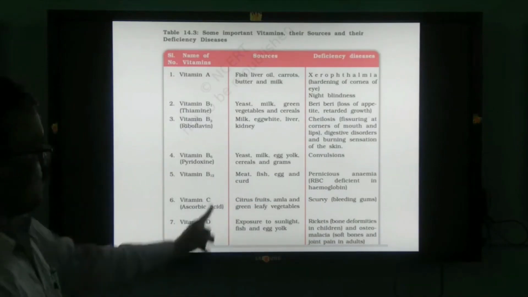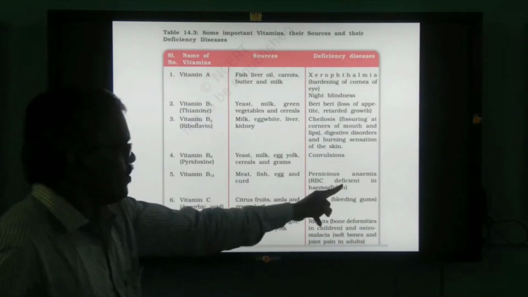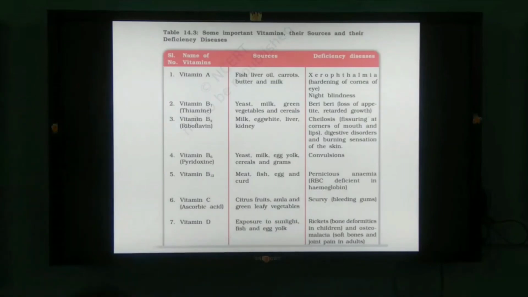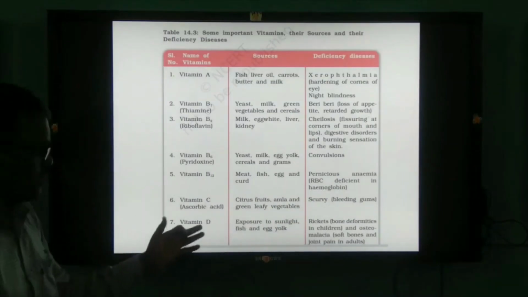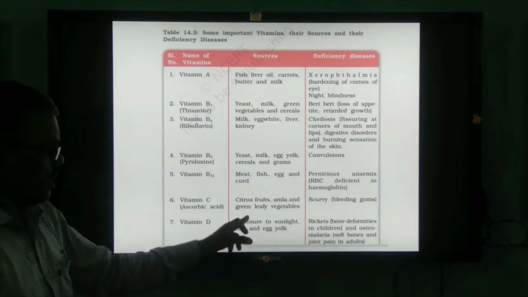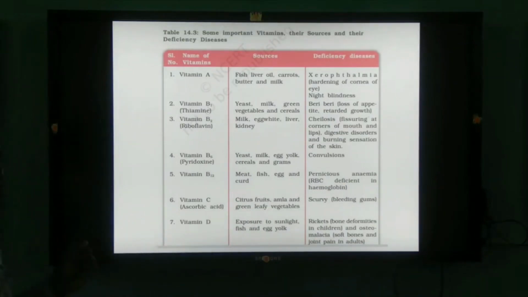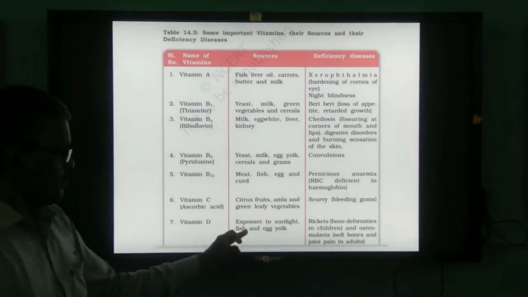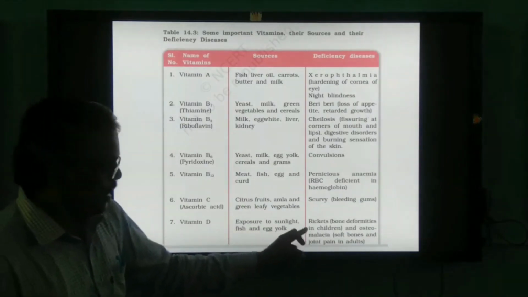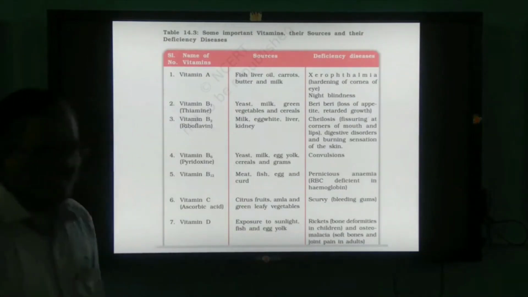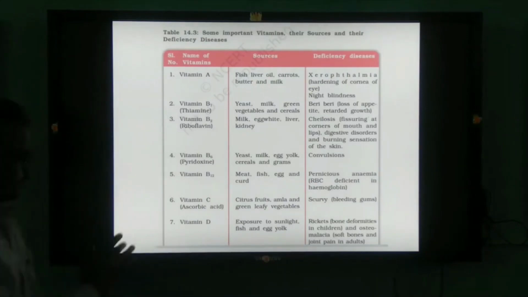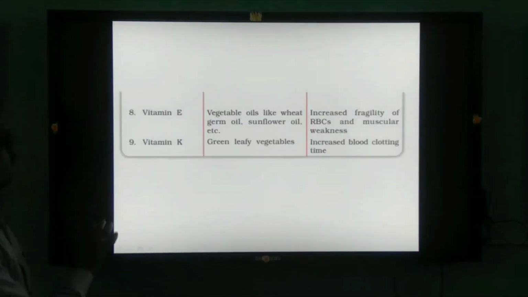Vitamin C is ascorbic acid, from citrus fruits, amla and green leafy vegetables; deficiency causes scurvy. Vitamin D comes from exposure to sunlight, fish and egg yolk; deficiency causes rickets and bone deformities. Vitamins E and K also have their sources and diseases.